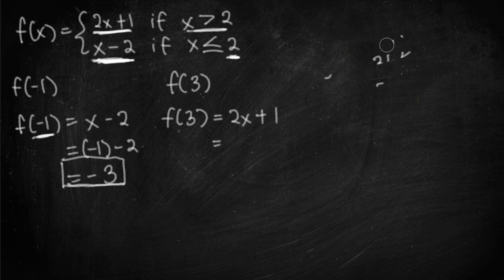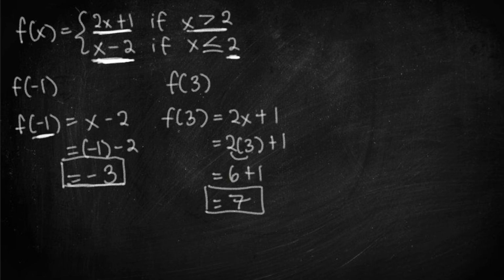So in this case, we are going to be multiplying 2 to 3, and we add 1. Again, with our PEMDAS, we first need to evaluate by multiplying. So we multiply 2 and 3, which is equal to 6. We add 1, which is equal to 7. And that is how we evaluate piecewise functions.